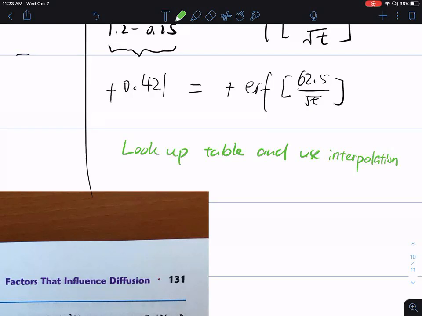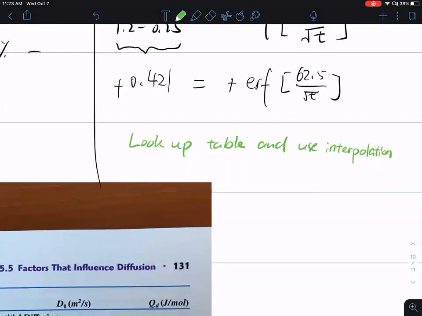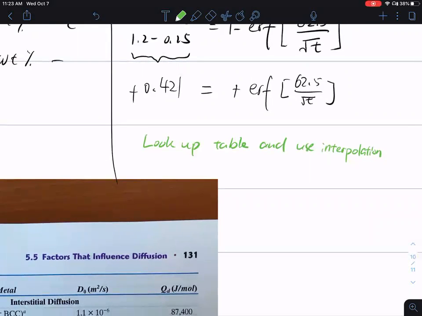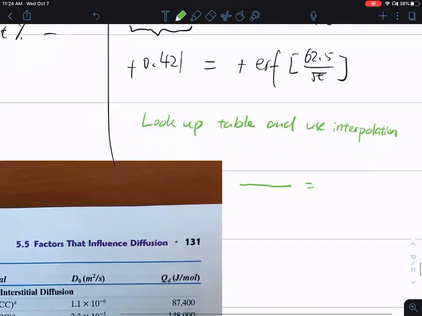You guys know how to do the interpolation? If you have a table or a plot, it's pretty easy. Here we're going to use z as a variable we don't know.